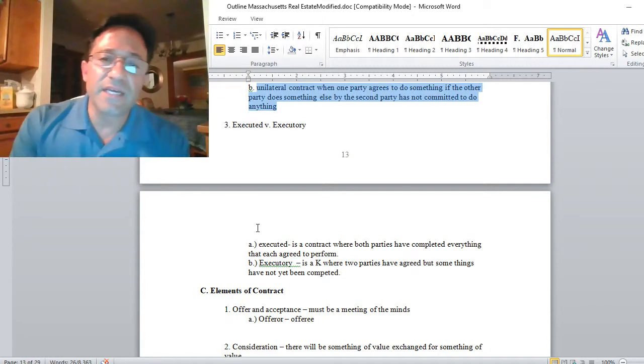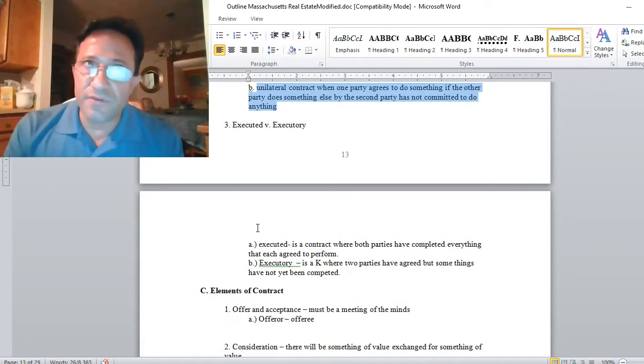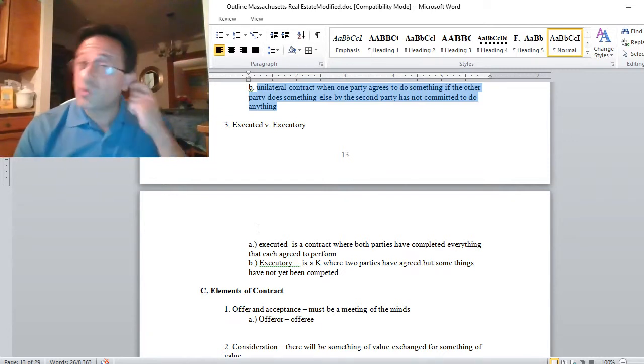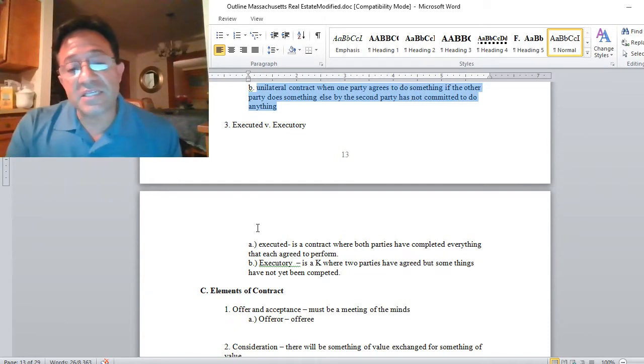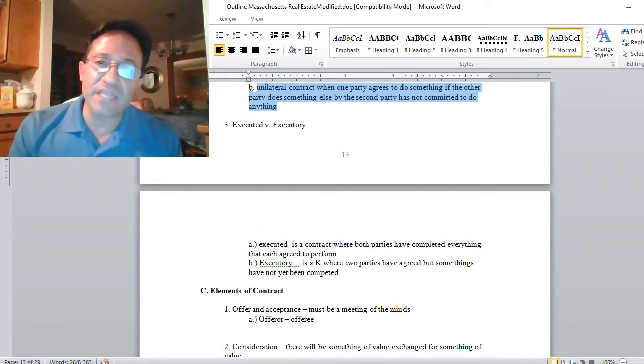And as I always say to my classes, don't confuse executed with signing a contract, and they will try to confuse you on the test. So executed in this instance is going to mean both parties have completed everything that is necessary in the contract, and the contract is final. So the parties have fully performed.